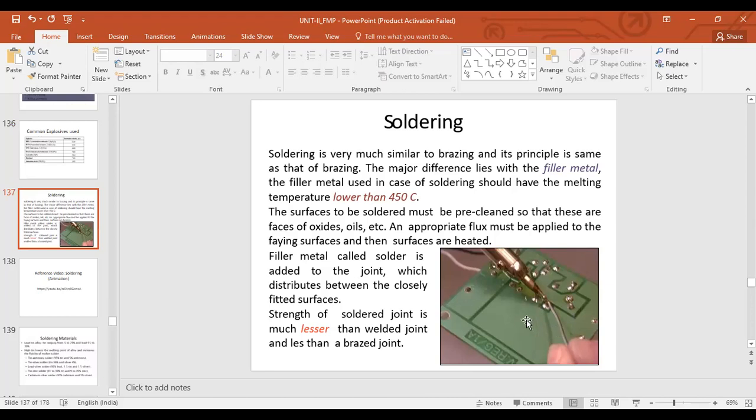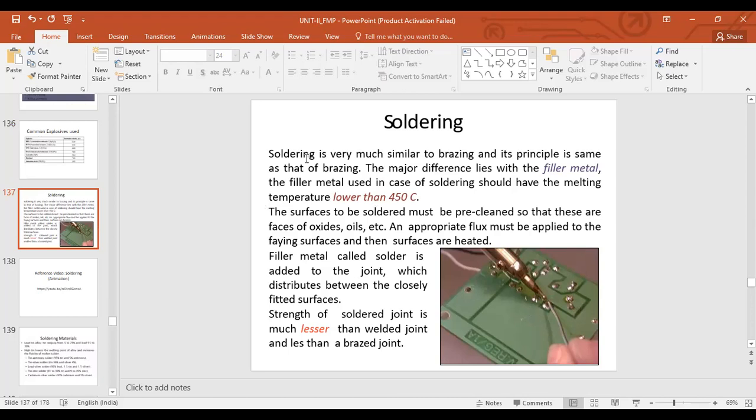Because we are joining different components, it comes in the category of welding, right? So there will be this solder gun, right, is what you call, and the filler metal will be supplied because of the heat. Heating of the solder gun, this filler metal would be melted, and we can place it wherever we want, right? So that's the basic principle of operation in soldering.